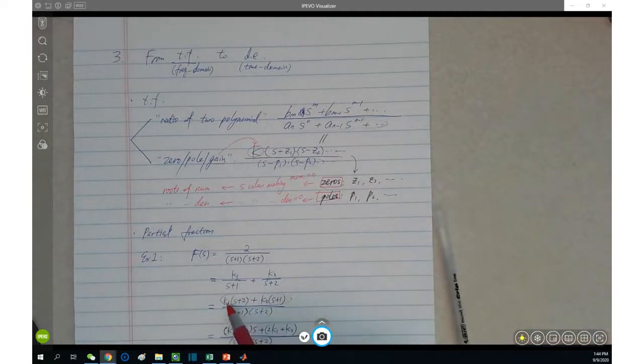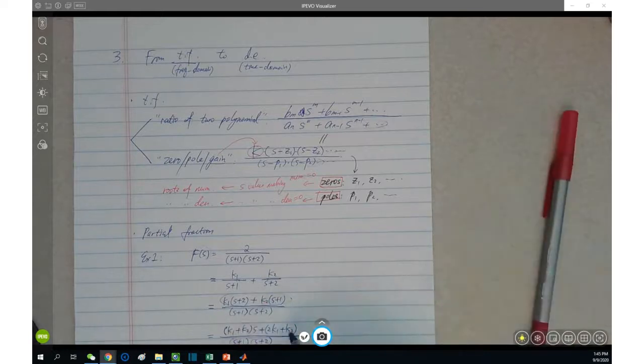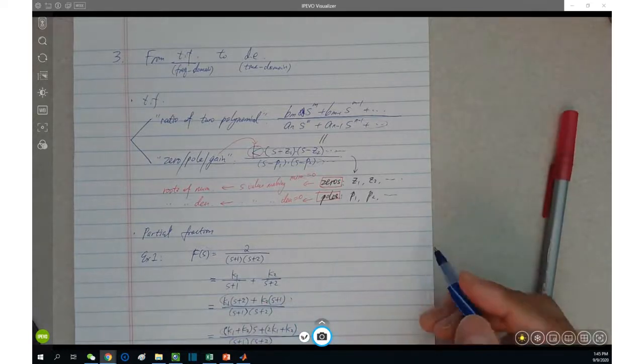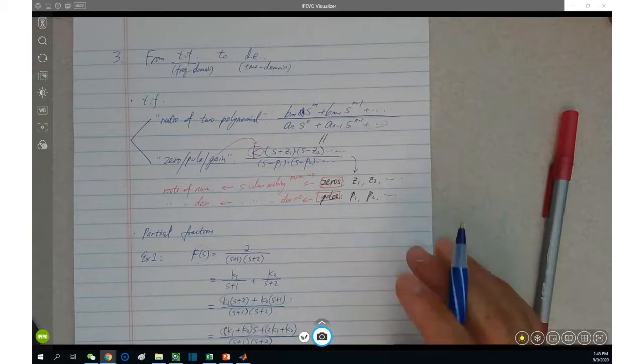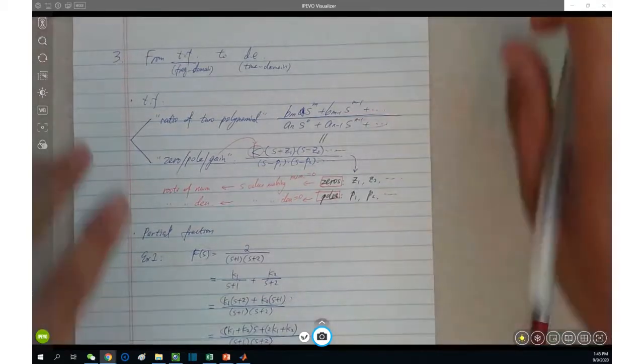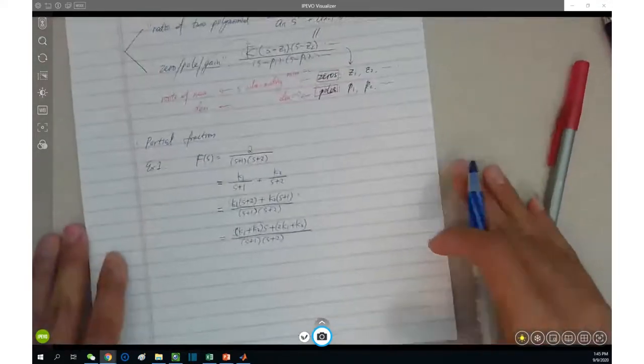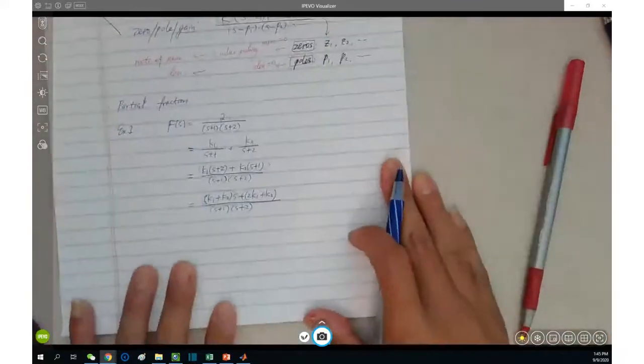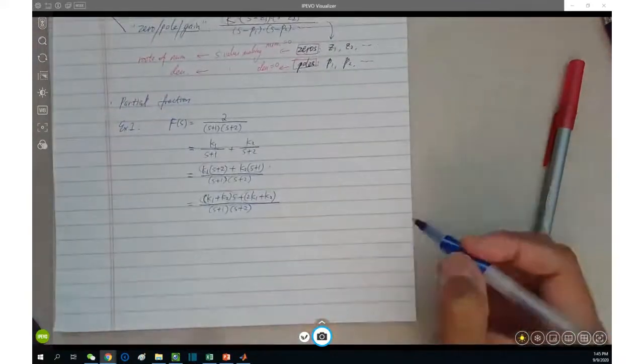Because k1 times s is k1s, k2 times s is k2s, and combined it is k1 plus k2 times s. The constant term is going to be 2k1 plus 1k2. So the s term and the constant term. And then it's time to move on.